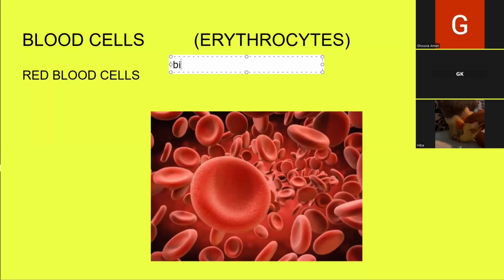So they are biconcave disc shape. How is it useful? It is useful in that they can travel in the blood without collision or hitting with other cells. They can easily float like a boat.